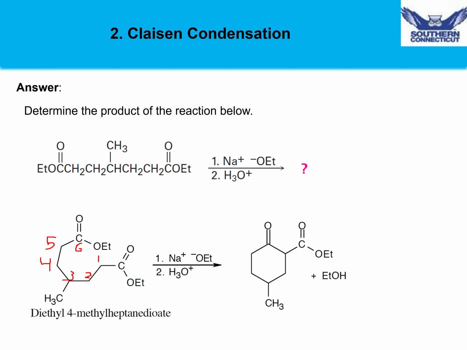So in our product, this would be carbon 1, this will be 2, 3 has a methyl group, just like in the reactant, 4, 5, and then the ketone carbon is 6. Remember, that is the carbon that used to be an ester, and we eliminated the leaving group. We also have this external ester, which is this one here.